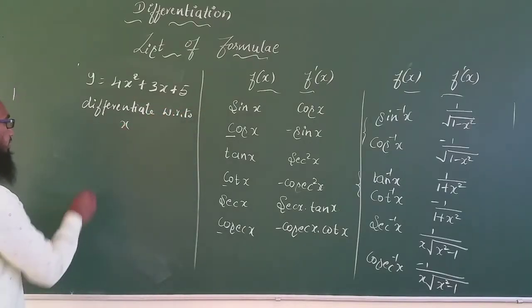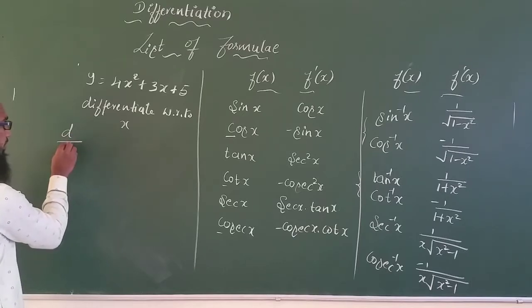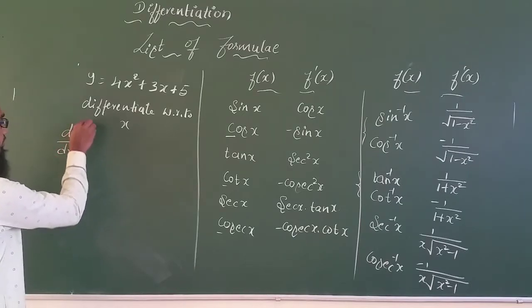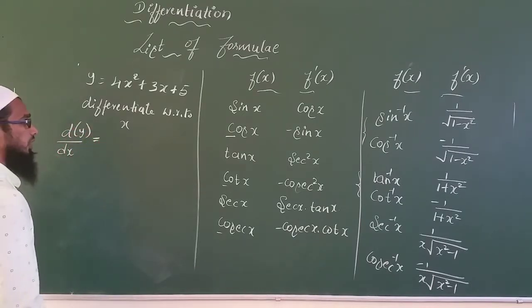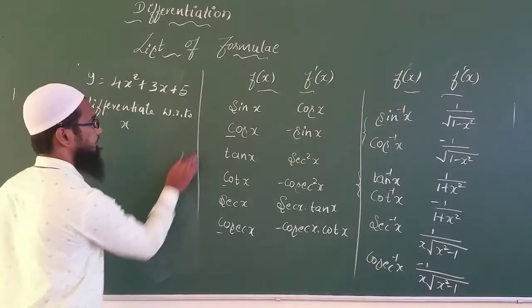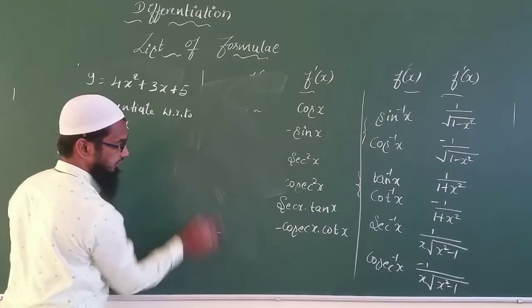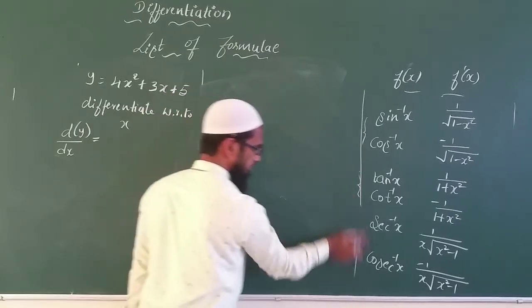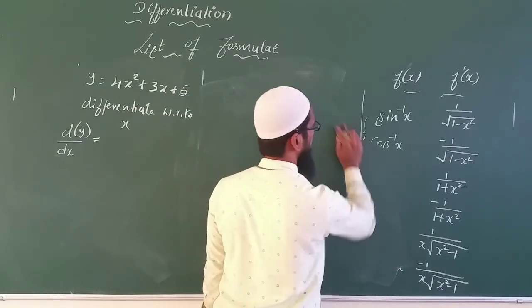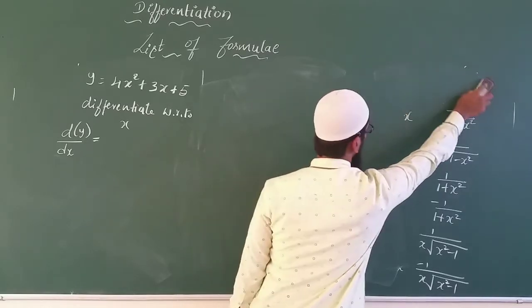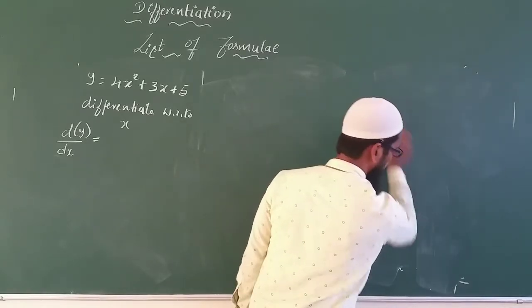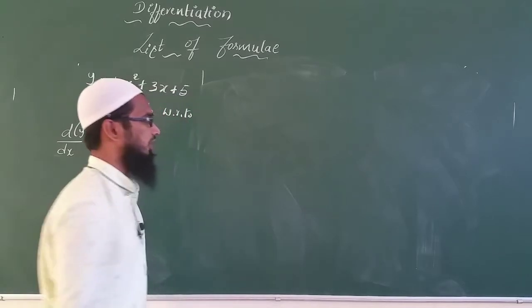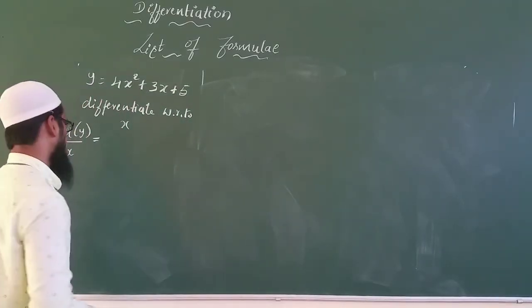So this is d by dx of the given function, that is equal to, I have to take the entire term here. Once you remember the formulas, it's very easy to solve this kind of problems, and later we can go for any kind of difficult problems also.